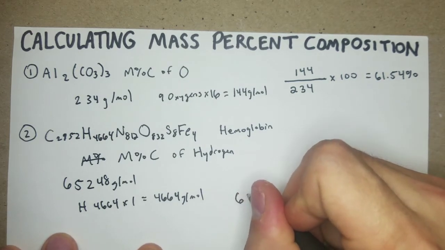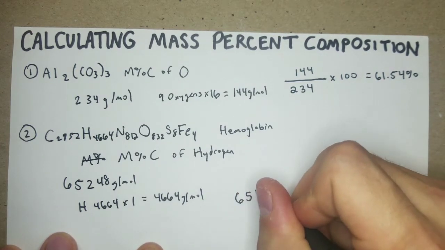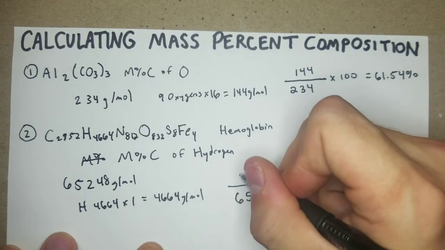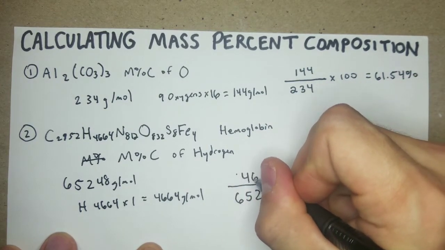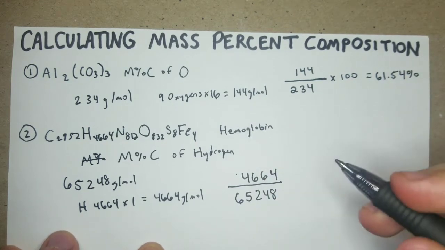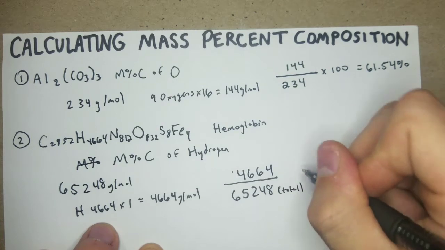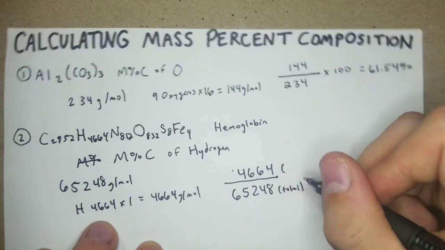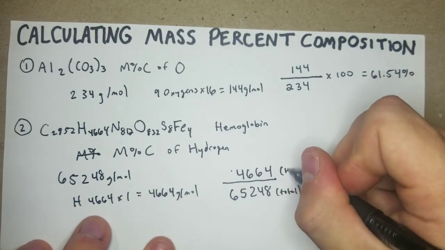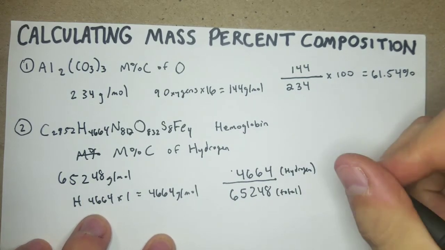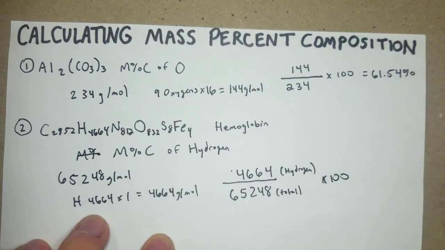So the total is on the bottom, 65,248 grams per mole, and then on top we're going to have 4,664. Again, this is the total, and this is just what we're looking for. The mass percent composition in this case is hydrogen. And then all that is times 100.